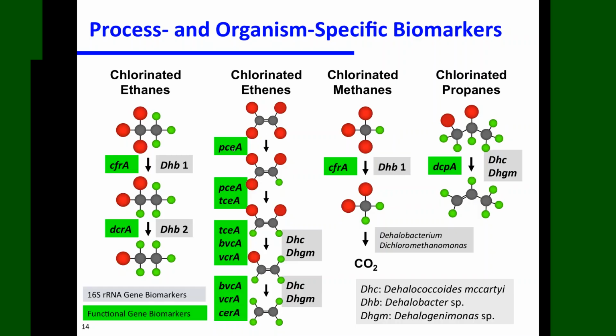We still are looking for additional biomarkers, new organisms with new biomarkers. What we know today is an incomplete picture. We don't know everything. So there's a possibility that we don't detect any of these biomarkers, but at your site, you may still see ethene formation because we have not identified the key organism or the key biomarker to monitor the process.